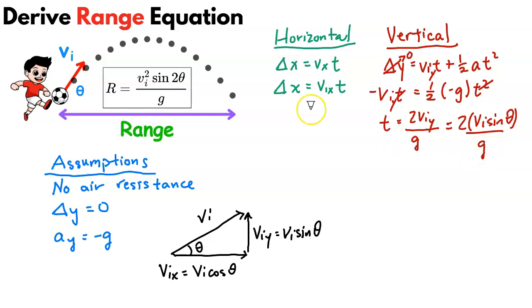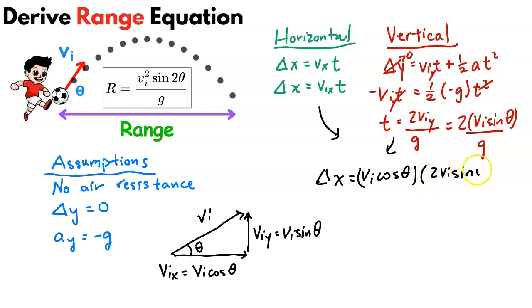Now I'm going to connect these two equations together. Then delta x is equal to vix, which I can rewrite as vi cosine theta, times t, which is 2 vi sine theta divided by g.